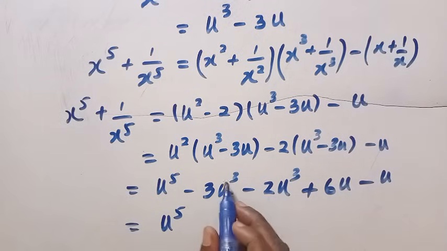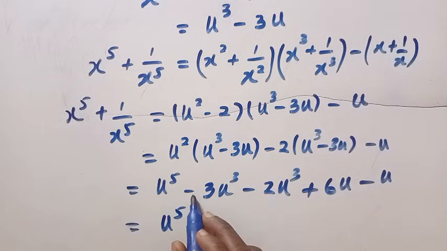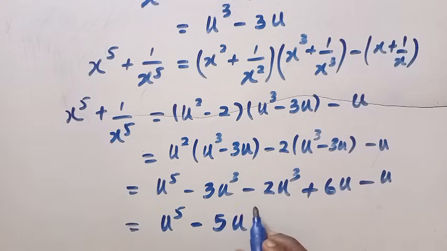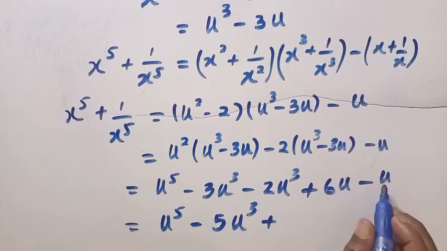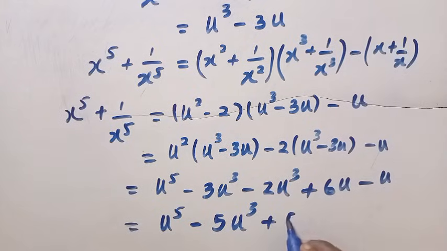From here, we have u power of 5. This is power of 3 and this is power of 3. Minus 3 minus 2, that is minus 5, then u power 3, plus here is 6u, this is minus u. This gives us 5u. And the whole of this expression is for x power 5 plus 1 divided by x power of 5.